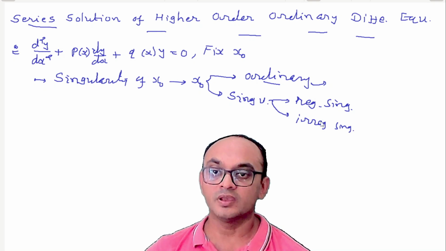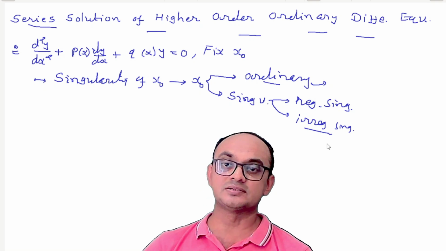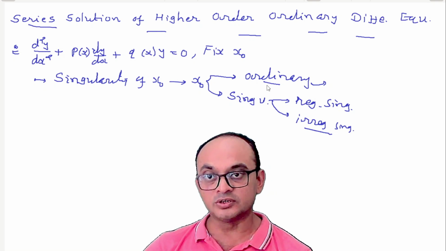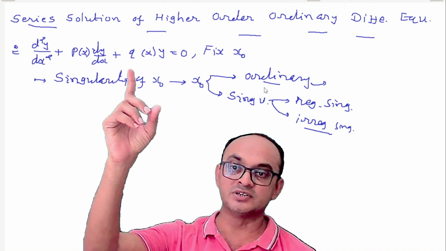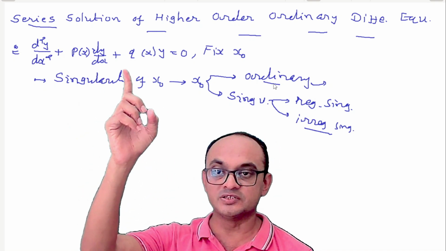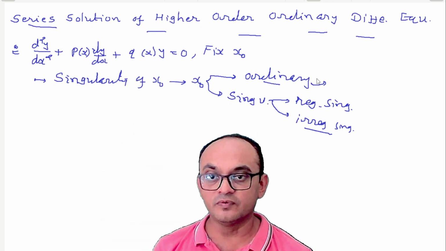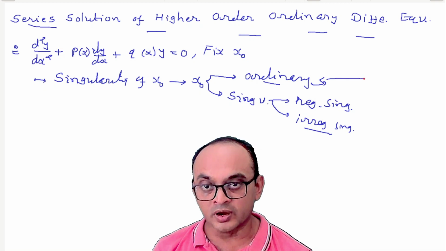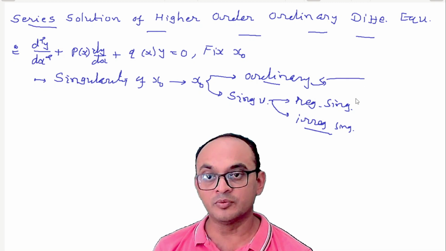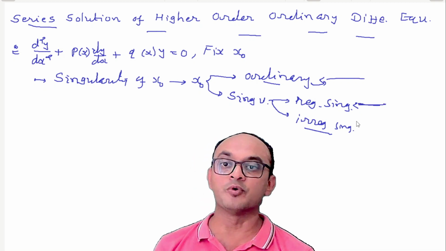If x0 is an irregular singular point, then we don't discuss the solution of the given differential equation. So we are discussing the solution at point x0 only if it is either an ordinary point or a regular singular point.